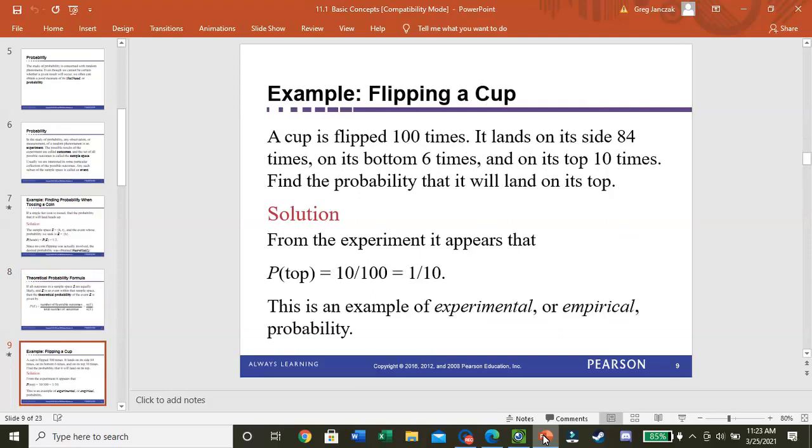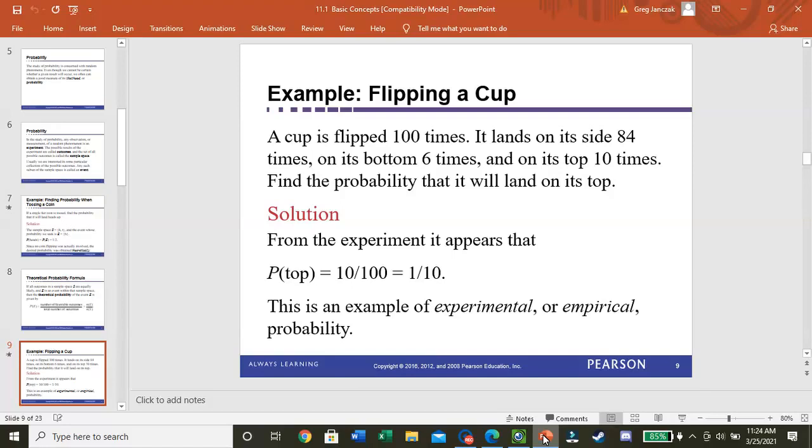Okay, a cup is flipped 100 times. It lands on its side 84, its bottom 6, and its top 10. Find the probability it will land on its top.